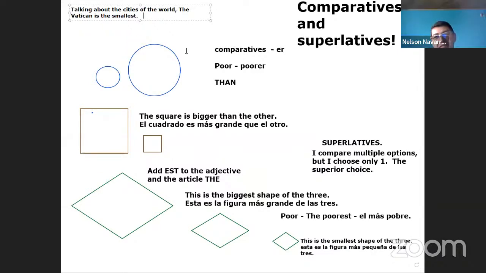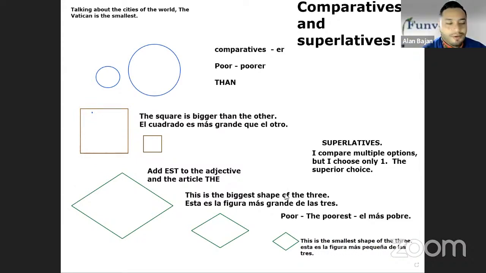Superlative, right? The Vatican is the smallest country in the world. Yes, you need a passport just because the Catholic Church wants. Yes, but it's true.